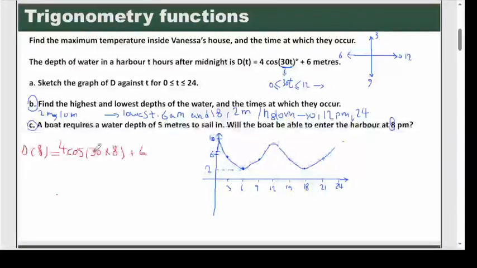It would be cosine of 240, and cosine of 240 gives me -1/2. So 4 times -1/2 gives me -2, plus 6, which is 4. That's less than 5. So the boat won't be able to enter the harbor at 8 p.m.